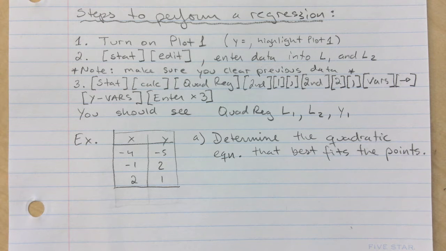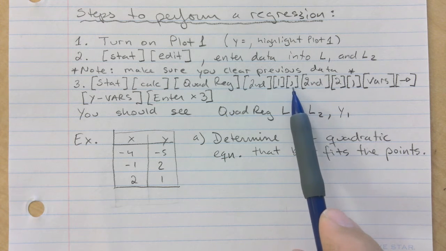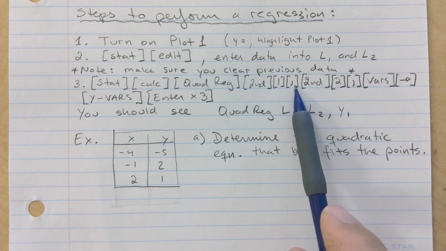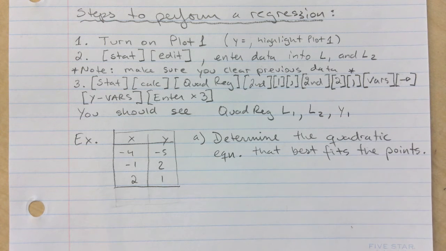If you're wondering about the sequence of entries, there's two commas here. There's a comma and a comma. There's a comma button on your calculator as well.